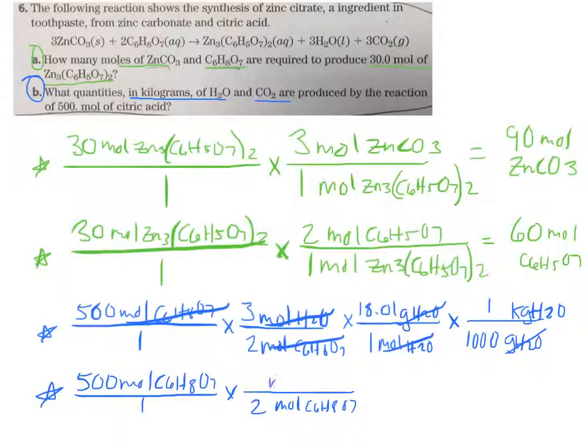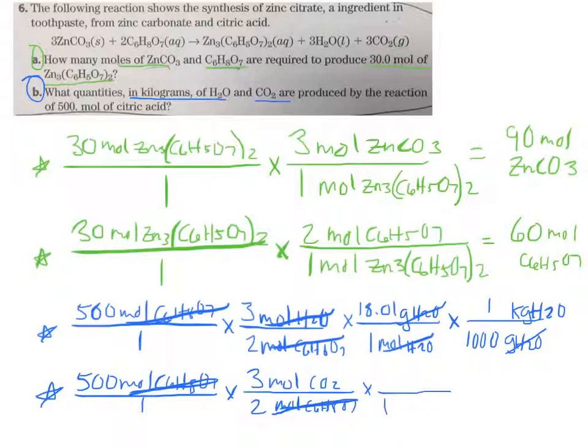Except if I'm looking for moles of CO2, in some cases you would have a different coefficient, but it just so happens to be the same as water in this circumstance. So the coefficient is 3, and that's what we're going to use. And again, we can cross this out, and now we can go from moles on the top of this fraction to moles at the bottom of the fraction.